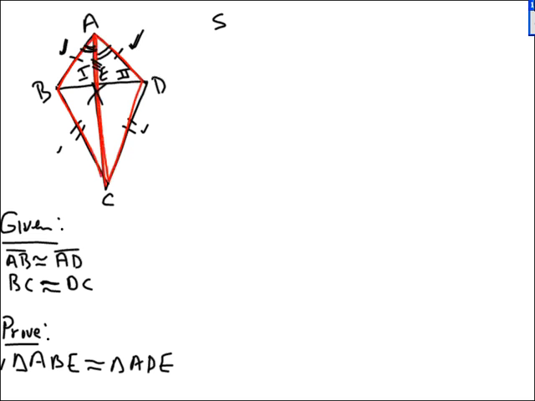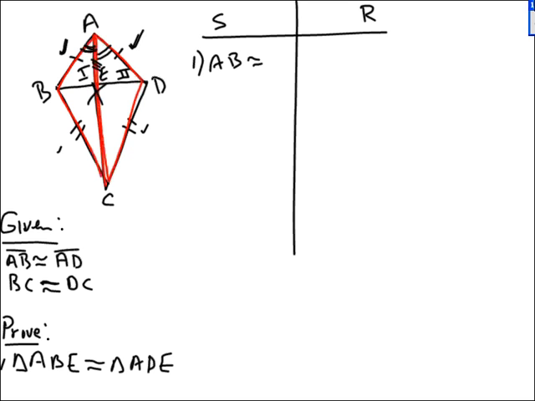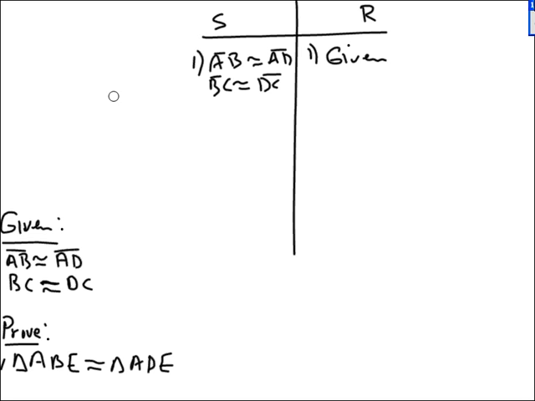So statement and reason. You are given that AB is congruent to AD and that BC corresponds to DC in length. This is the given. So I'm going to redraw this picture and then we'll label it as we go along.